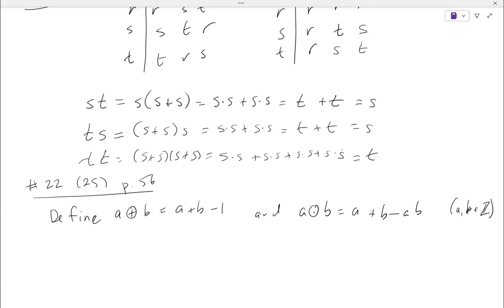So rather than doing our standard addition and standard scalar multiplication, this one asks us to prove that we still have an integral domain even if we change the addition and multiplication to be strange like this.